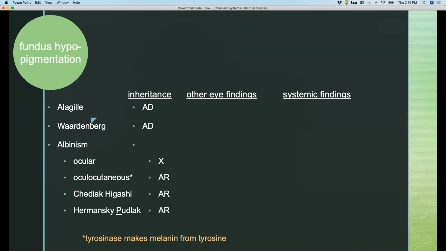Okay, ocular is X-linked, and oculocutaneous is autosomal recessive. We should come up with a way to remember that. Maybe it's because if you're oculocutaneous, you are more likely to get skin cancer and get made fun of and have a hard time, so that would be more autosomal recessive, whereas an X-linked thing can be passed down because only the males are affected, but the females can pass it on.